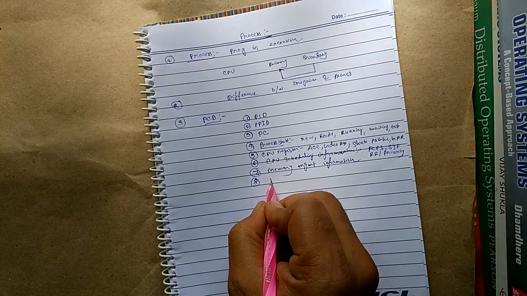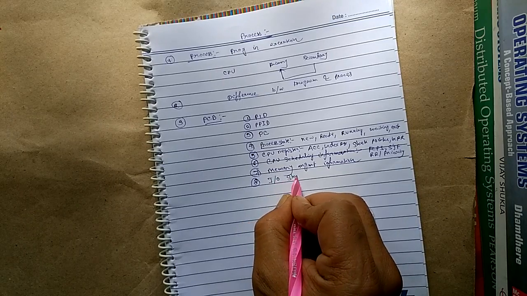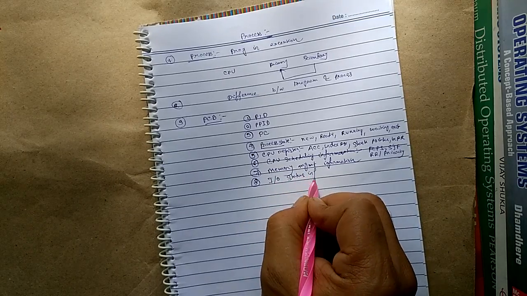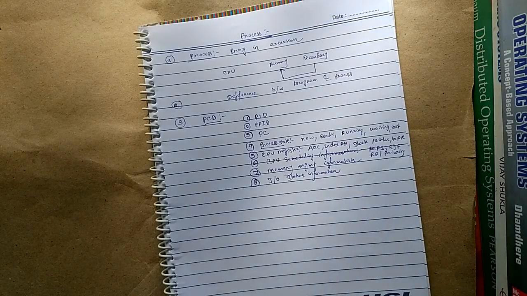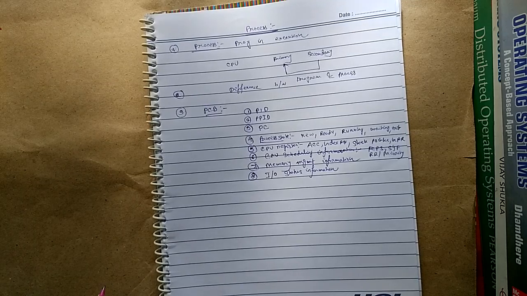Number 8, input output status information. For execution of this process, how many input output devices will be used, that is kept in input output status information.